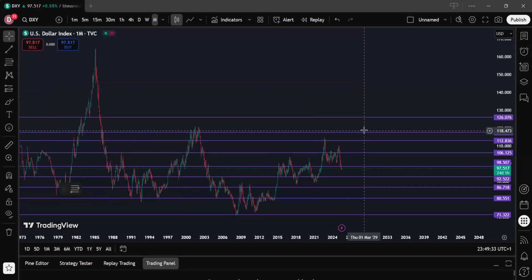With gold, if the dollar index is strengthening, then gold is shooting up. If the dollar is weakening, then gold is also dropping in terms of price.